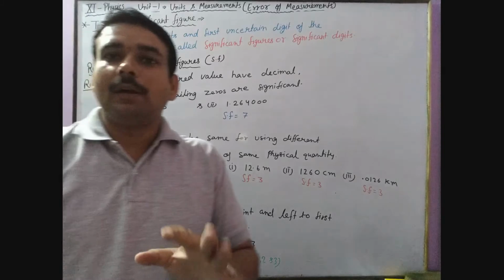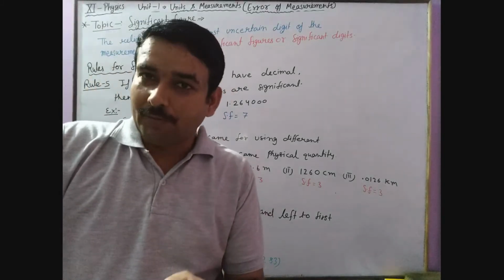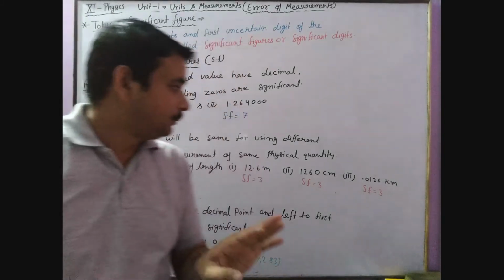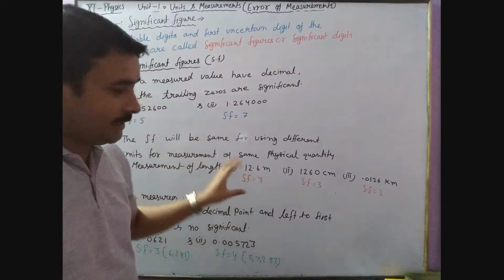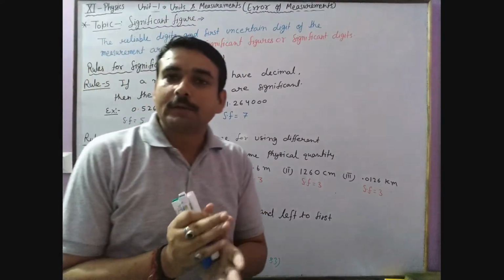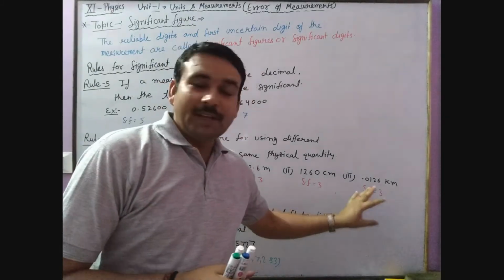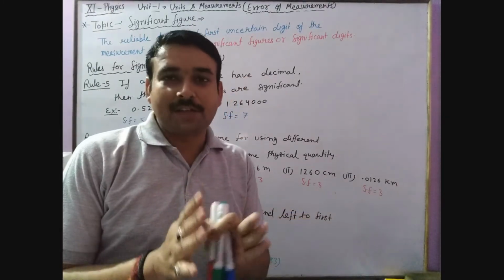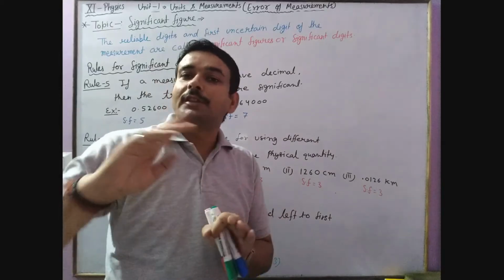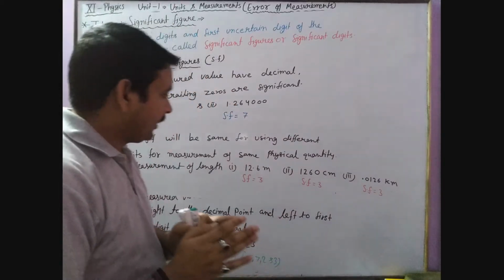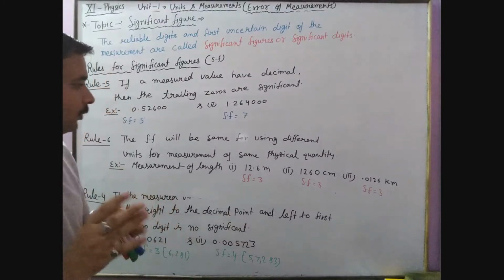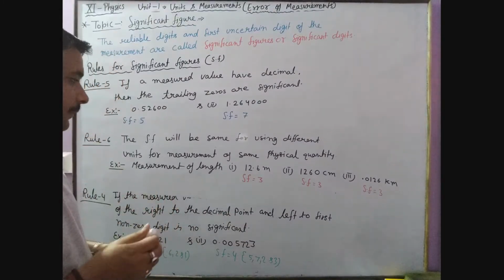To understand about the significant figure in physics, we are using the numerals with the standard unit with the exponent of power of 10, okay, or in the form of exponent of 10.